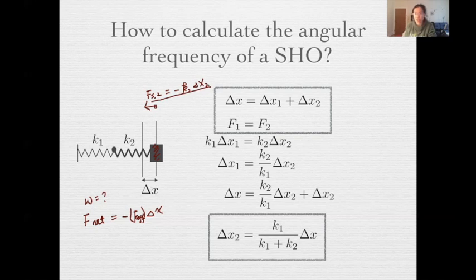The delta X2 is the displacement, the stretch, the length change of the second spring, and the second spring only. But the delta X here, we want to figure out, is the displacement for the total system. So this delta X is actually the change in the second spring plus the change in the first spring.